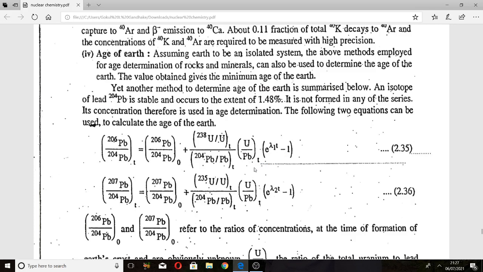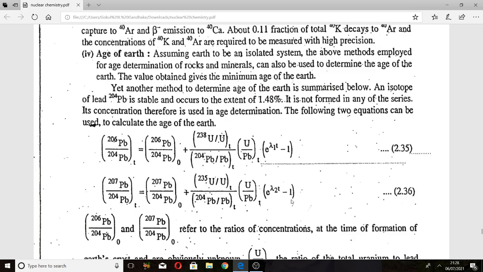Another equation is lead 207 divided by lead 204 at t, equal to lead 207 divided by lead 204 at 0 plus uranium 235 divided by lead 204 at t, times (e^(lambda 2 t) minus 1).